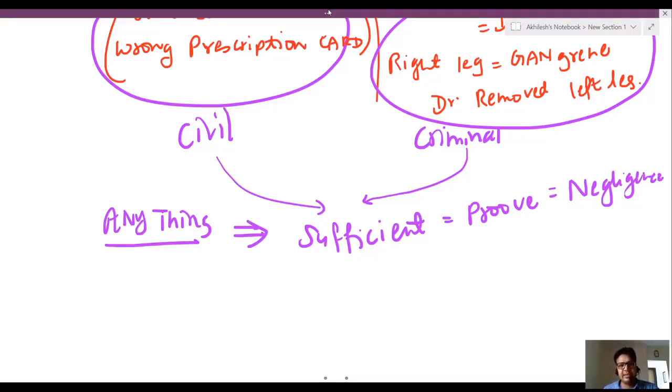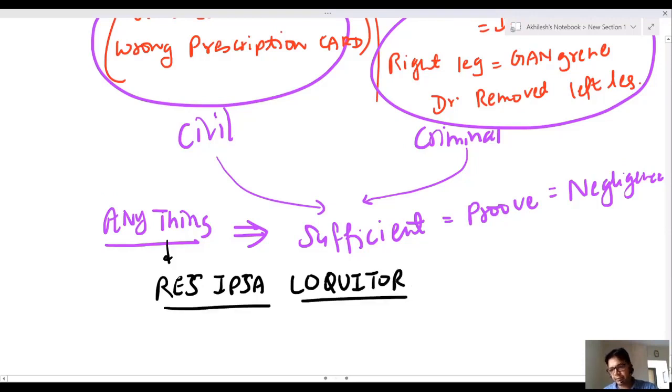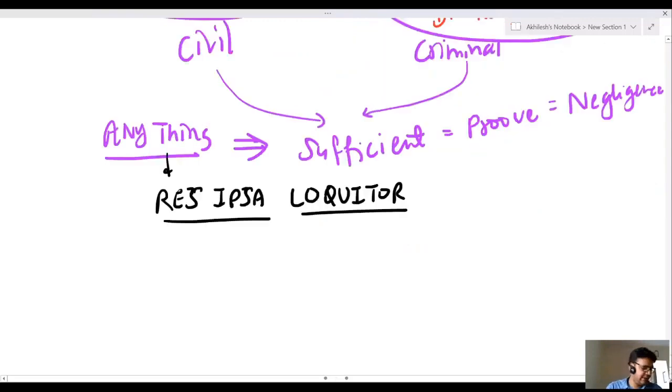Anything which is sufficient to prove negligence, sir, is known as res ipsa loquitur.